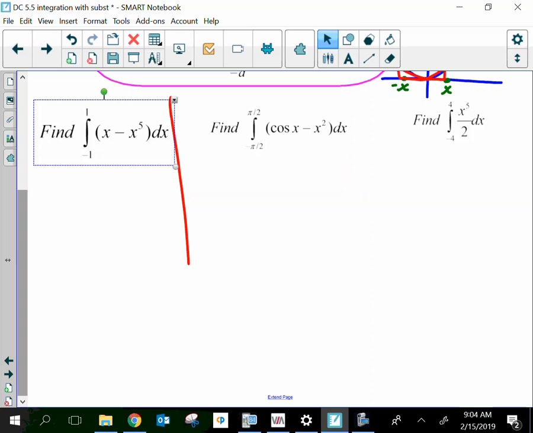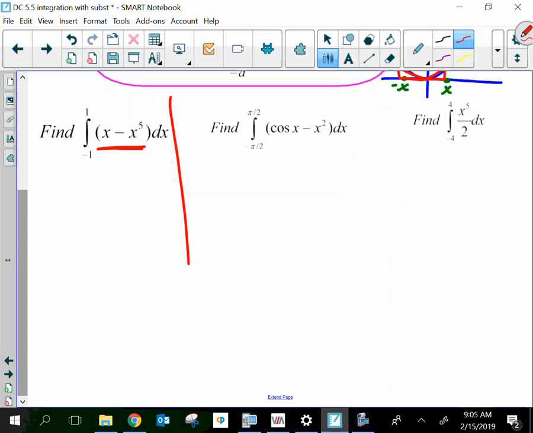We're going to check to see if x minus x to the 5th is odd. Unless, of course, you're super smart and already know. What is it? It's odd?